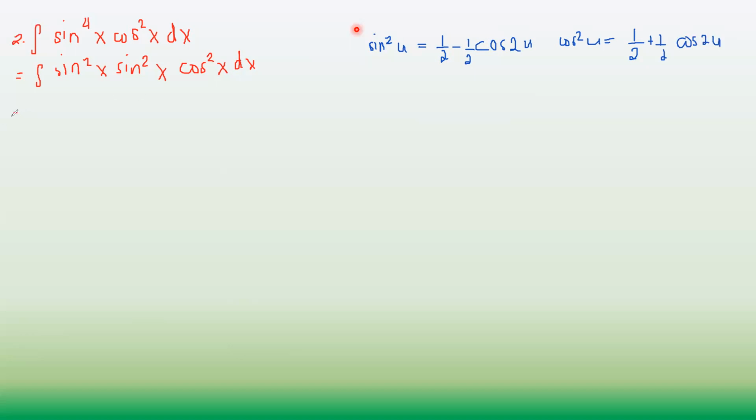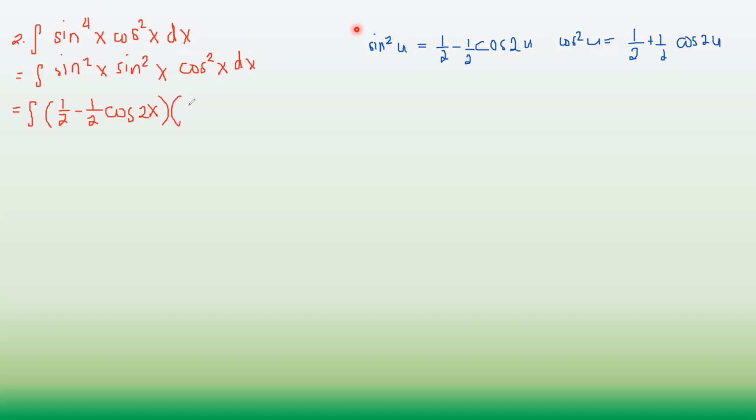Then we're going to replace sine squared. So we have integral. So imbes na sine squared dyan, magiging 1/2 minus 1/2 cosine of, so times 2 lang ngayon, kaya 2x. But 2u from x, twice mo yun, so 2x na siya.